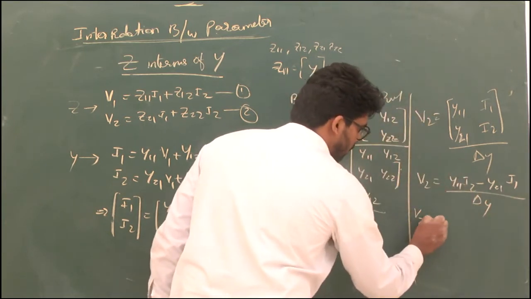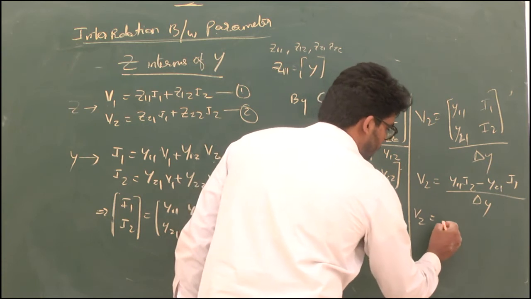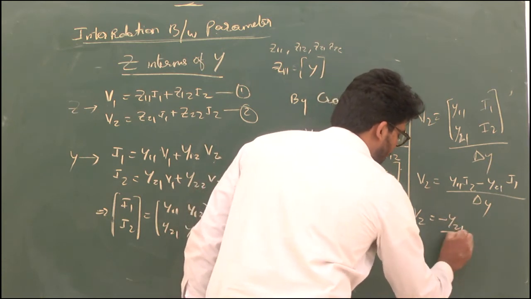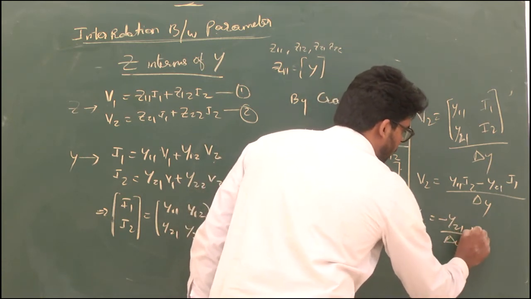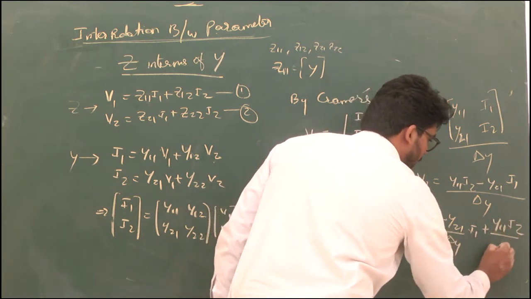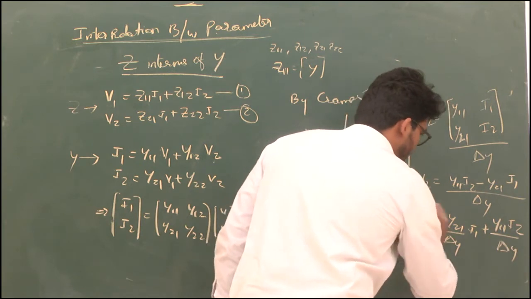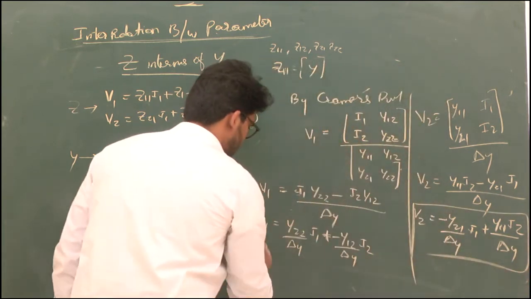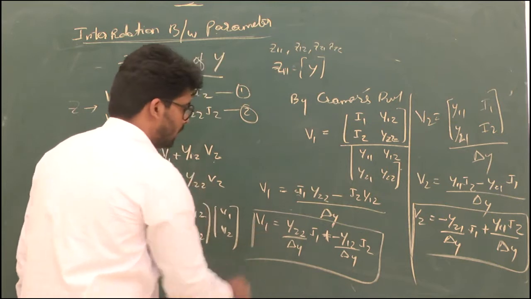Further calculations give minus y21 by delta y I1 plus y11 by delta y I2. This is the expression we got from y parameters.